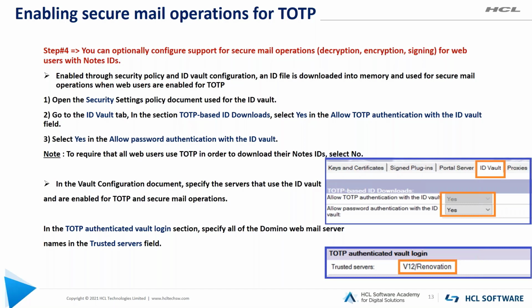If all web users use TOTP in order to download the Notes ID, set this option to no. Now in the ID Vault configuration document, specify the servers that use ID Vault. To do this, open your ID Vault database, go to the configuration document, then select the Domino web servers in the trusted server field. Moving to next slide.